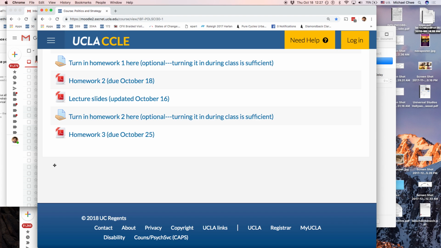So here are the little homework boxes. You should circulate around.